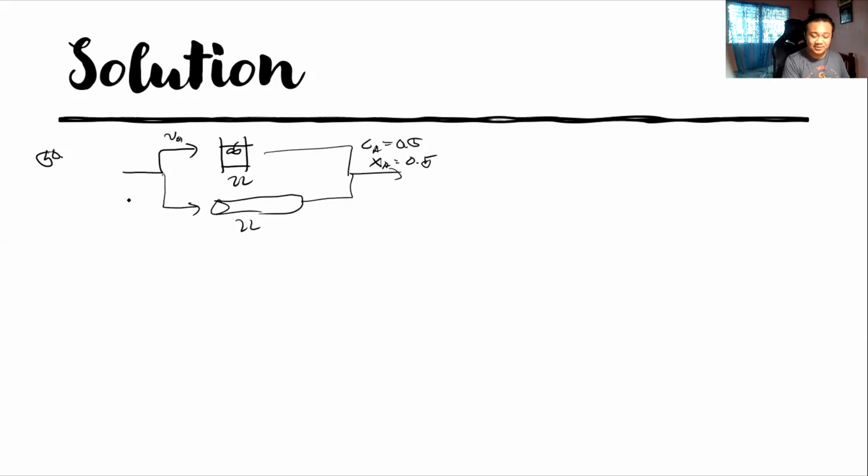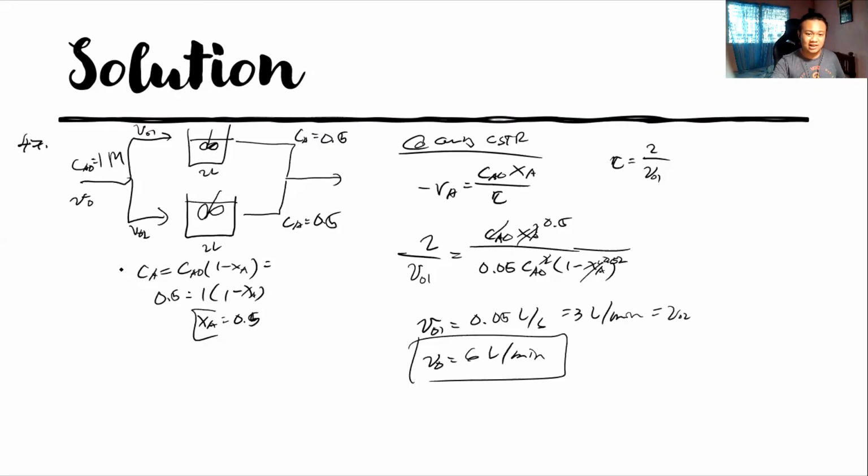We know that already. VO2. So you will expect different volumes here, right? So this is VO. And actually this is really simple. VO1 is just the volumetric flow rate of the CSTR. So in the previous calculation, that one is 3 liters per minute.